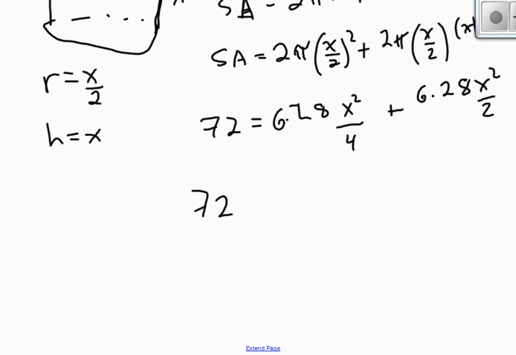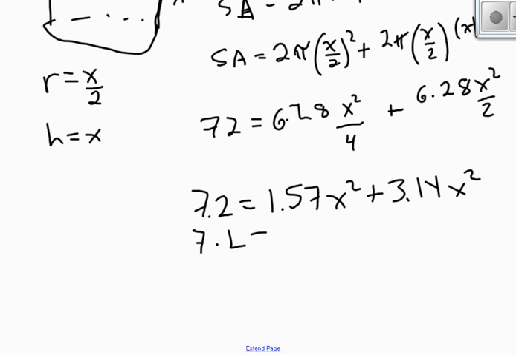72 equals, what's 6.28 divided by 4? So that's 1.57 x squared. And then over here, I'm going to do 6.28 divided by 2. So 6.28 divided by 2 is 3.14 x squared. Collect like terms. 1.57 plus 3.14 is 4.71.